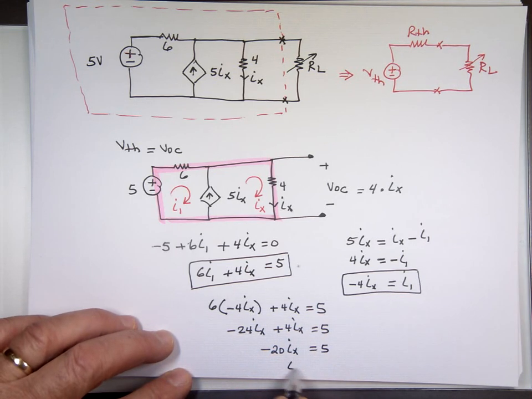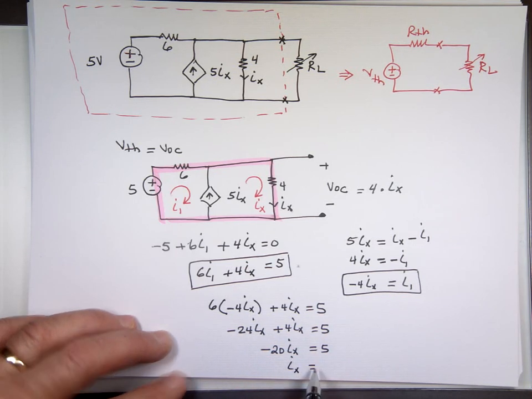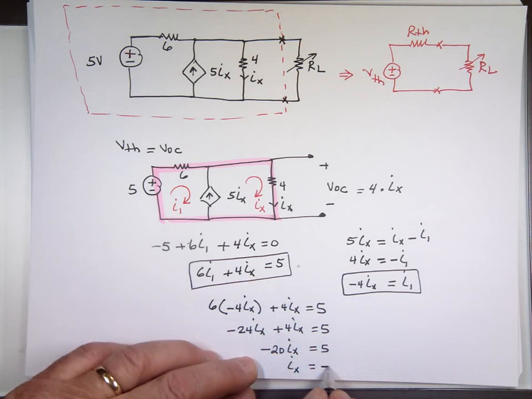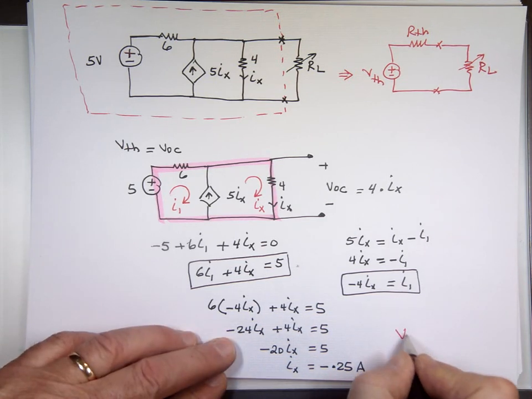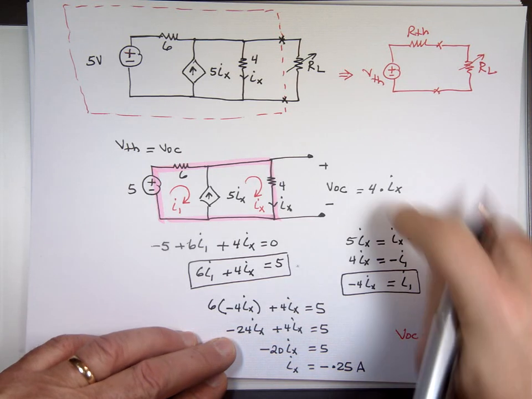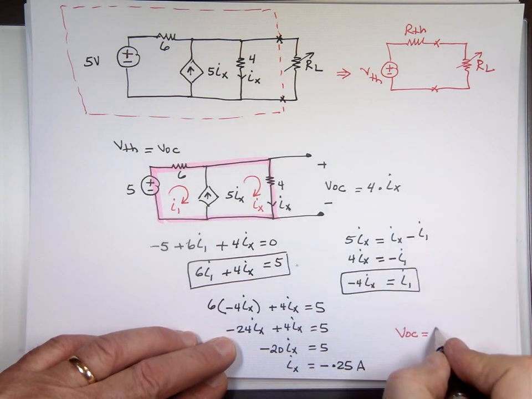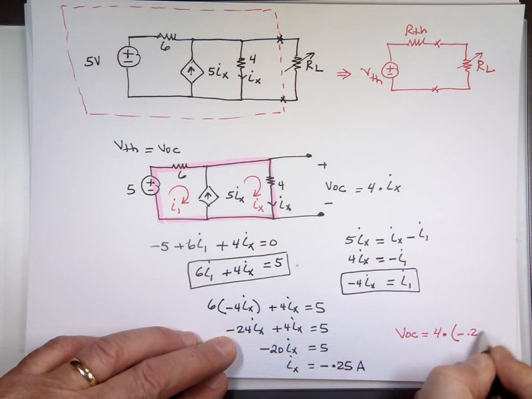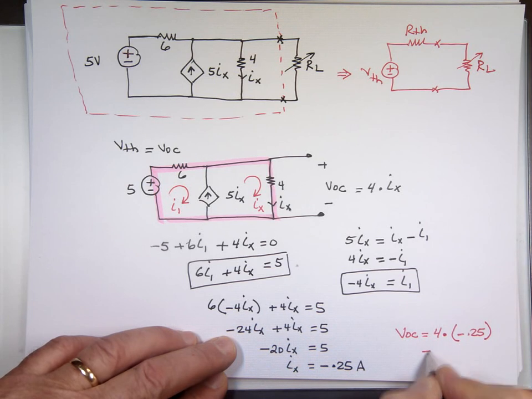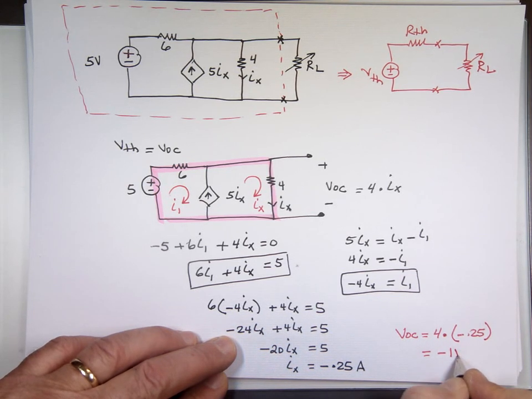I sub x equals negative 5 over 20, negative 1/4 or negative 0.25 amps. So now I know what my V open circuit is. I said V open circuit is right here, 4 times I sub x. So 4 times, what's I sub x? Negative 0.25. And that's negative 1 volt.